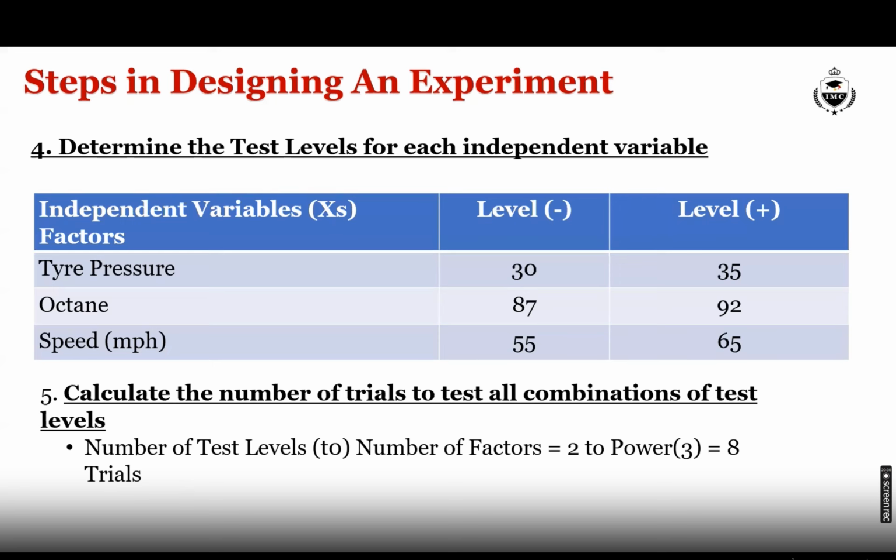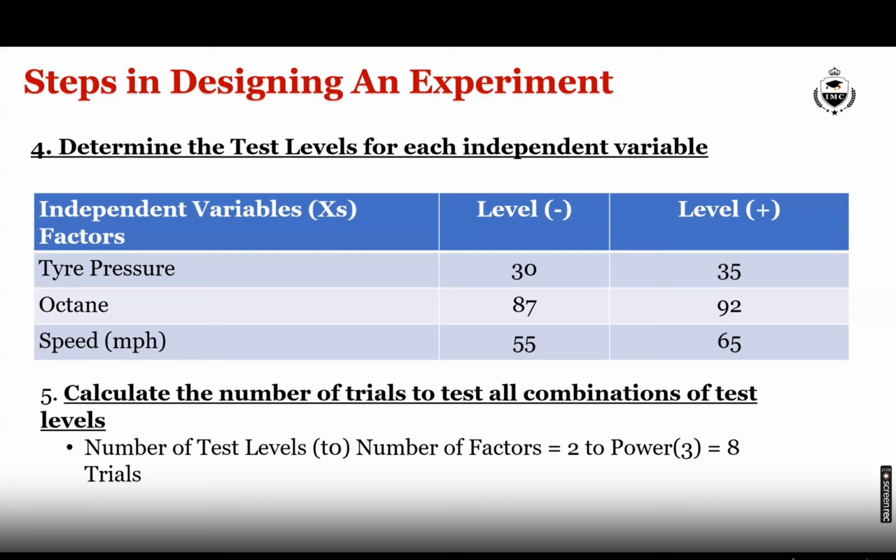In any design of experiment, there are two components which you have to remember. Number one is a level. Levels are always two, one minus level and another plus level, and another is a factor. Here we have already seen three factors, so each factor should have two levels. Then we will ask the organization to run the car with these three factors and the two levels that you have identified for each, and tell us the gas mileage that you have got, which I will show you.